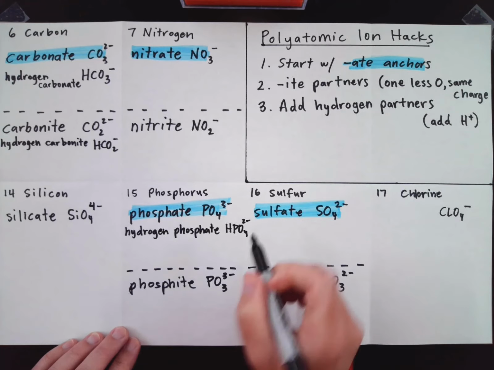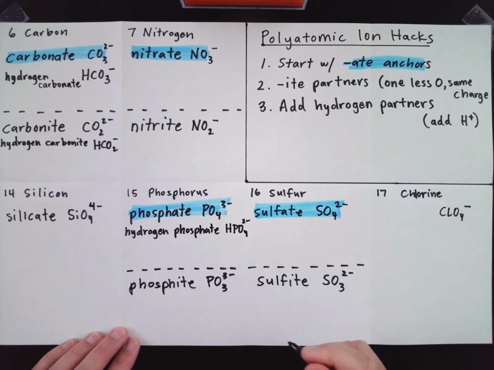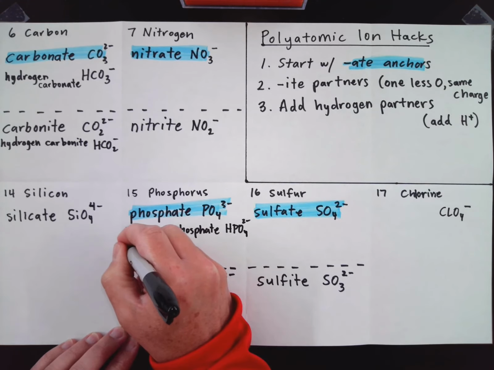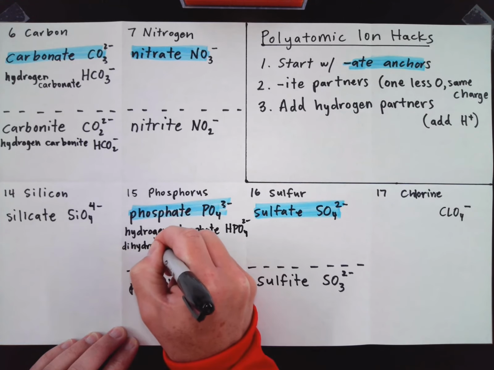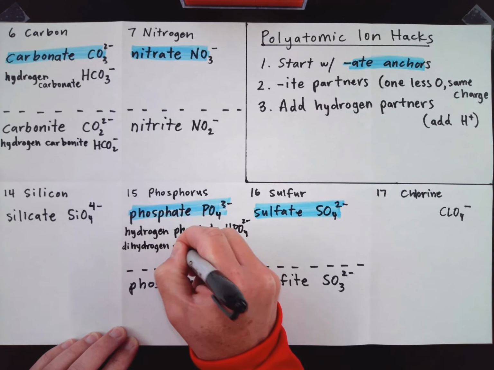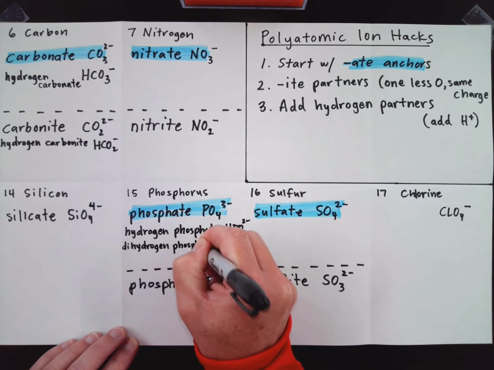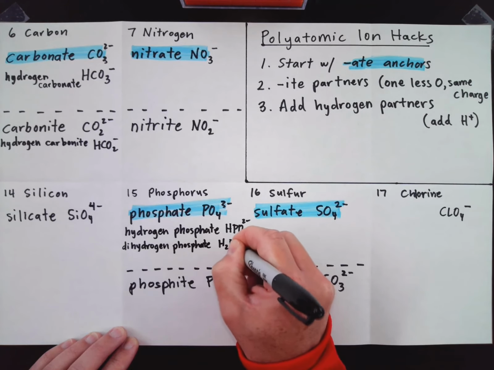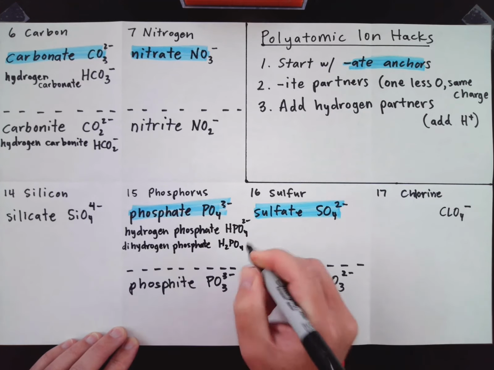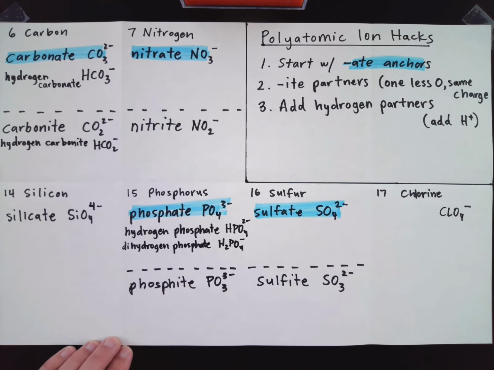I can also add a second hydrogen that's called dihydrogen phosphate. That's H2PO4. And now the charge is just -1.